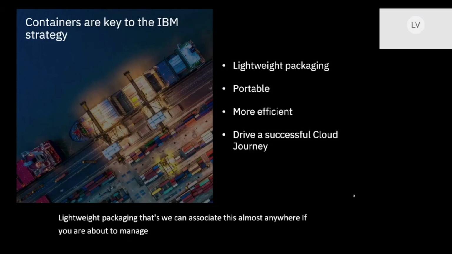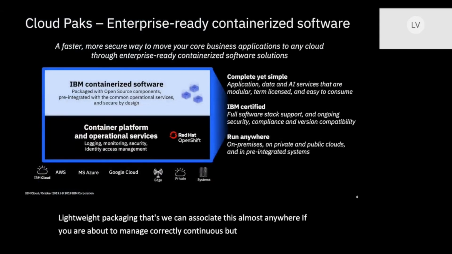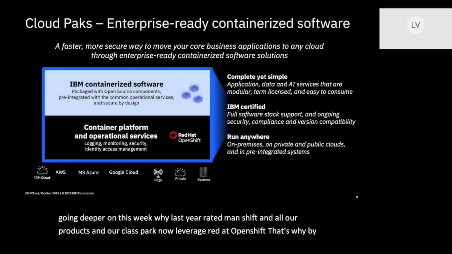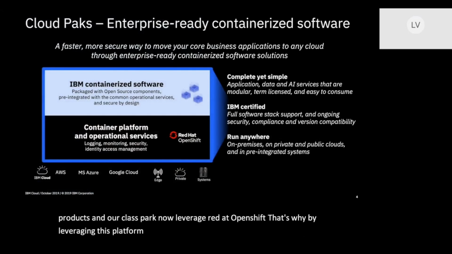But we're going deeper on this. We acquired Red Hat OpenShift last year, and all our products and our Cloud Paks now leverage Red Hat OpenShift. That's why by leveraging this platform to manage containers, we are able to instantiate our Cloud Paks or solutions almost anywhere.